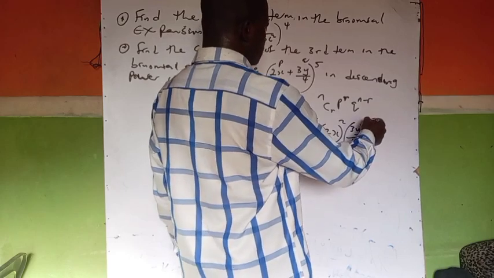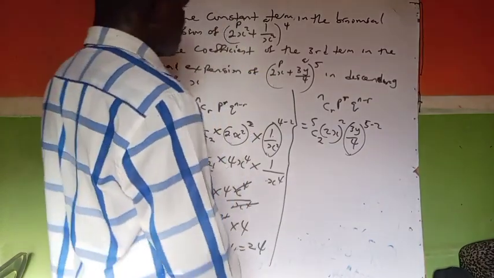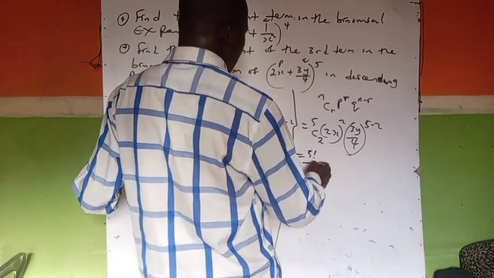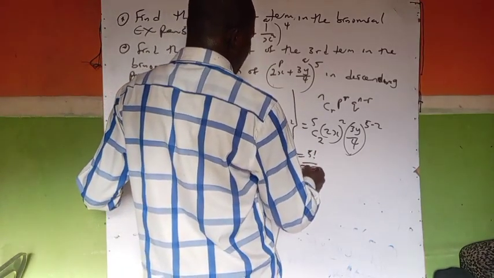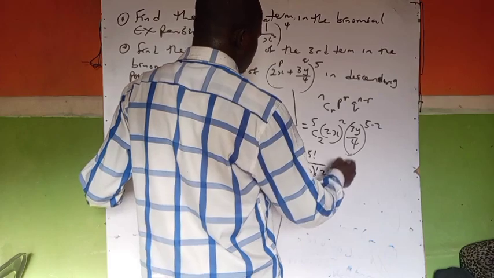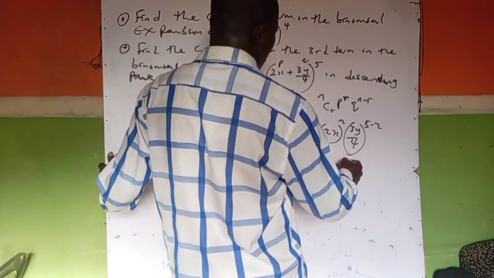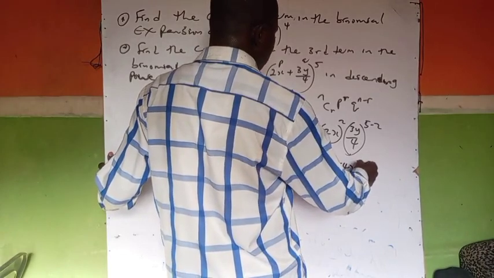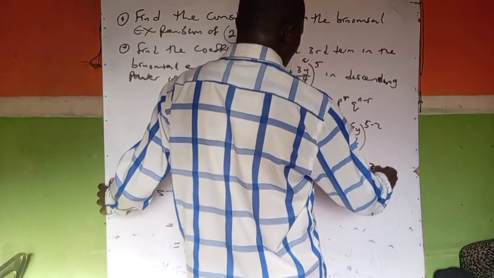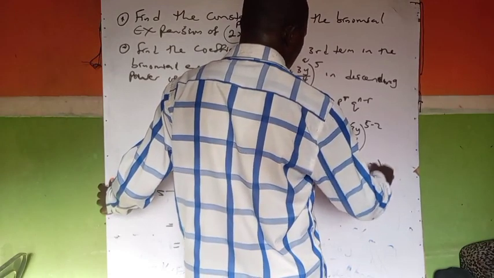So that's going to be 5 minus 2. Then you have 5 factorial over 5 minus 2 factorial, 2 factorial times 4x squared times what? So you have 3y over 4 raised to power 3.